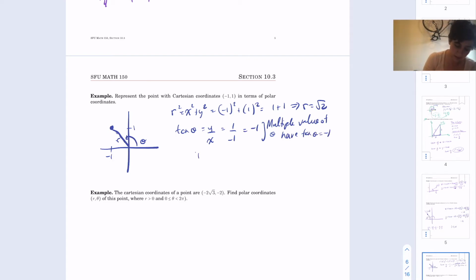So we pick the smallest positive one, and that is theta is equal to 3 pi over 4. Okay? And so my coordinates then become, what do I got? Root 2 and 3 pi over 4.